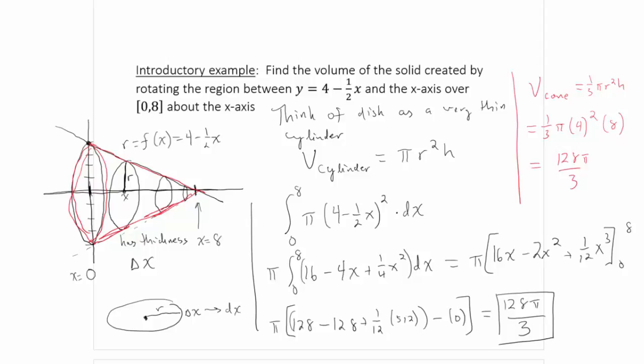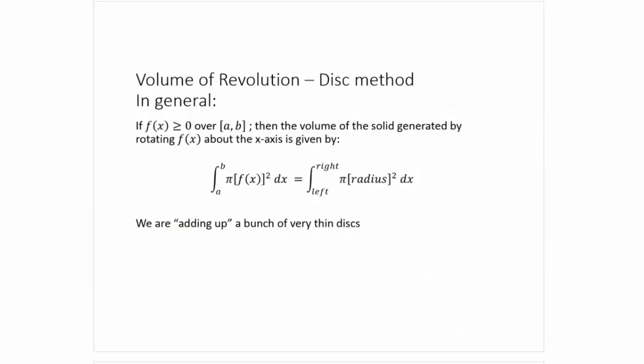So there's our introductory example, and there's the idea behind what's commonly called the disk method for a volume of revolution. So now in general, if we have a positive function over an interval a to b, then the volume of the solid generated by rotating that function about the x-axis is given by this formula, the integral from a to b of pi times f of x squared dx.